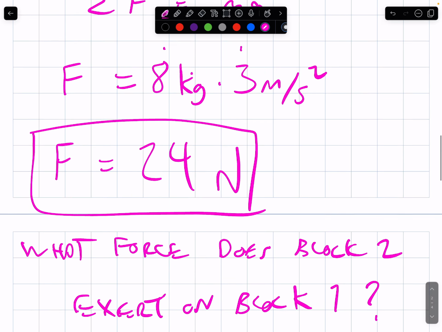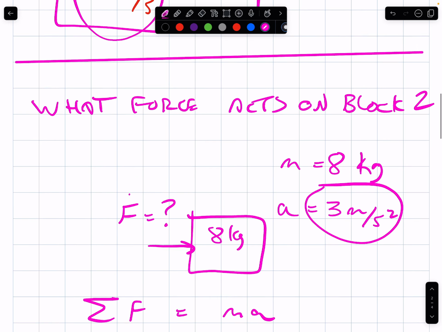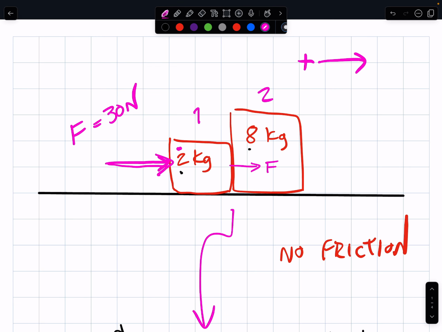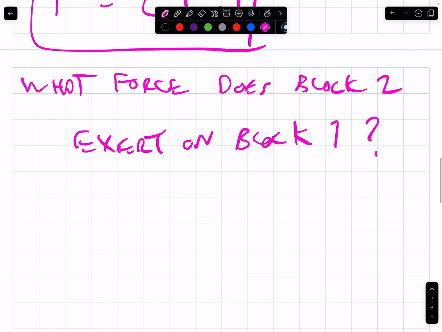If A exerts a force on B, B exerts the same force back on A in the opposite direction. Here, A and B are the 2 kilogram block and the 8 kilogram block. Whatever force the 2 kilogram block exerts on the 8 kilogram block, that 8 kilogram block exerts the same force back. Newton's third law. So we already know the answer. It's 24 newtons.